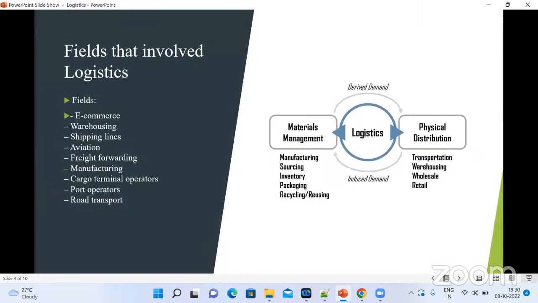Next, what are the fields involved in logistics? Whatever the fields, from factories and manufacturing to the IT industry, all are involved in logistics. Even the IT industry needs laptops and computer accessories, so IT also depends on logistics.